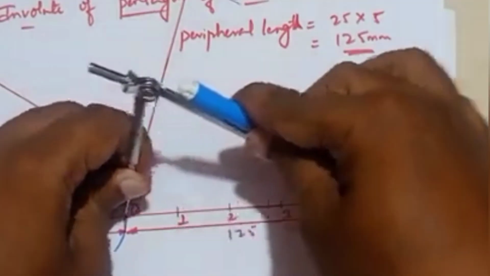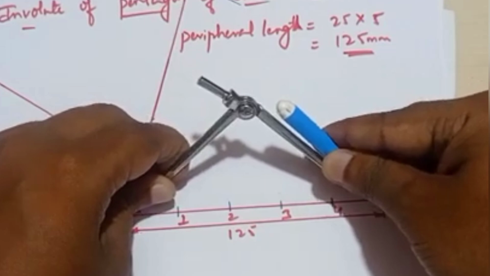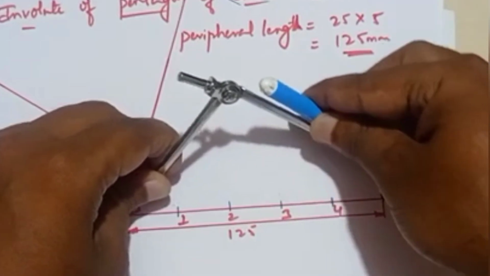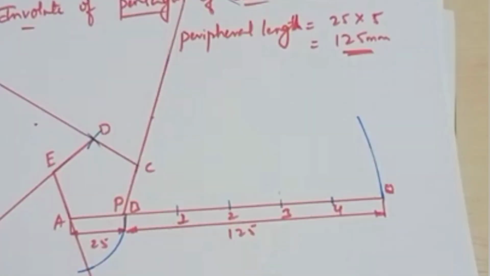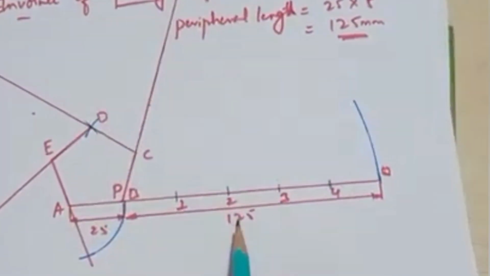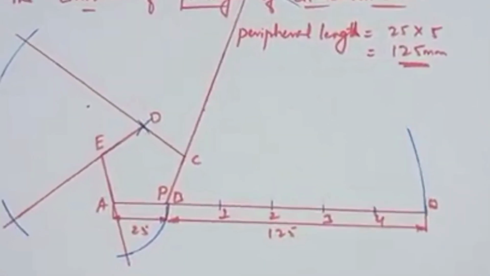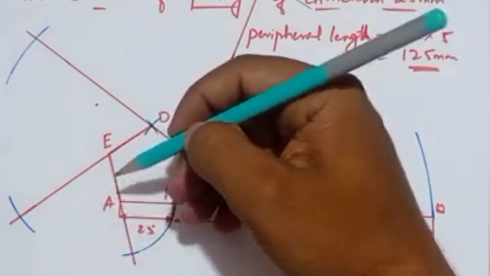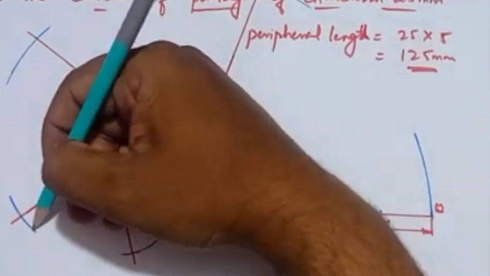Now I'll be measuring from P to Q here, so I'll draw an arc here, which will be helpful for construction of the curve. Now try to connect. First I'll be constructing with the help of the pencil, and then I'll go to dark with the color sketch.